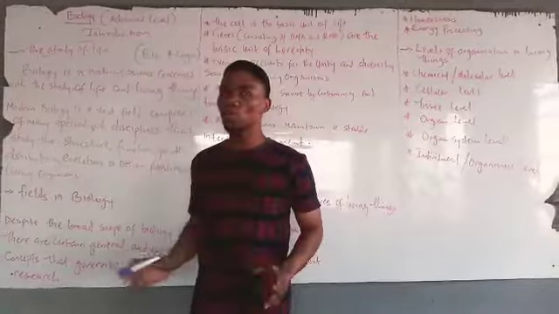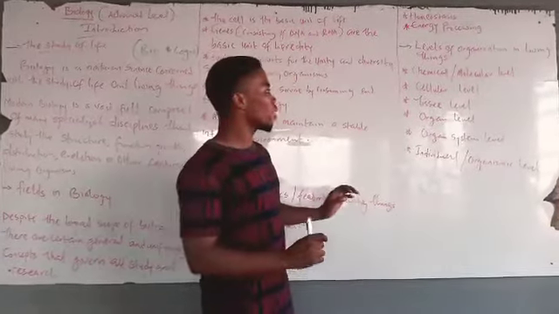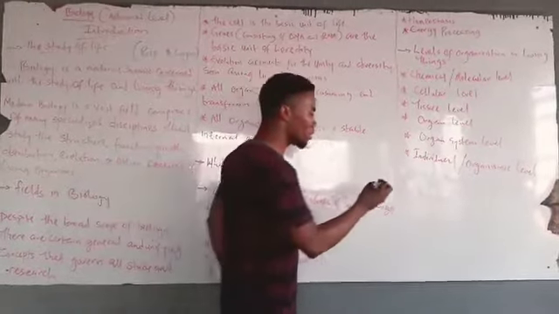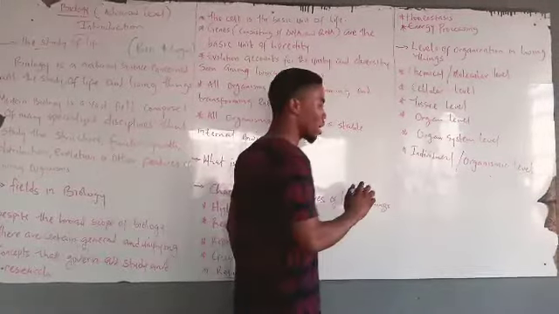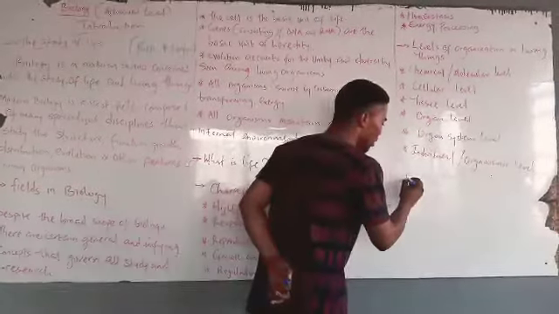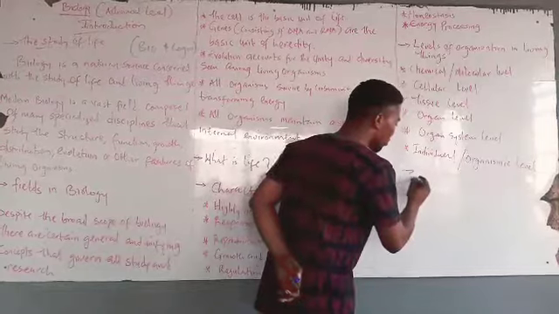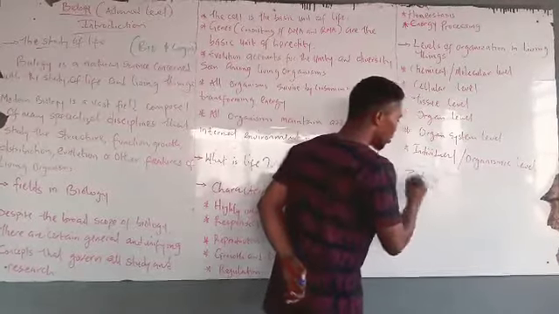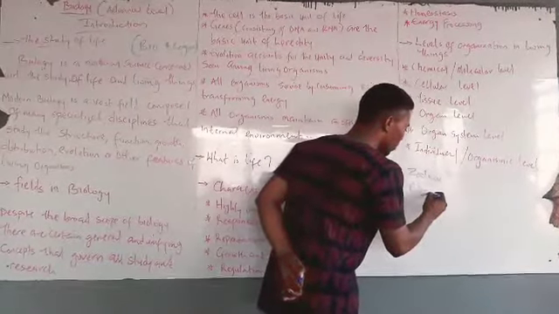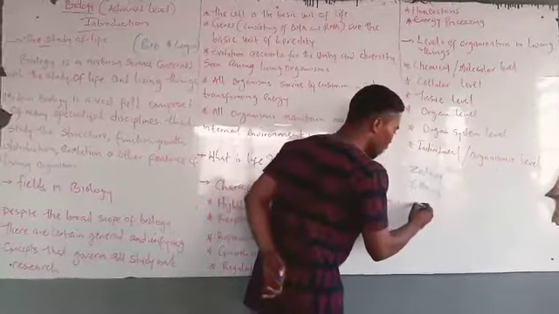Also, to let you know, we are going to be looking at three basic branches of biology. We look at zoology, that is animals, then botany, and then microbiology.